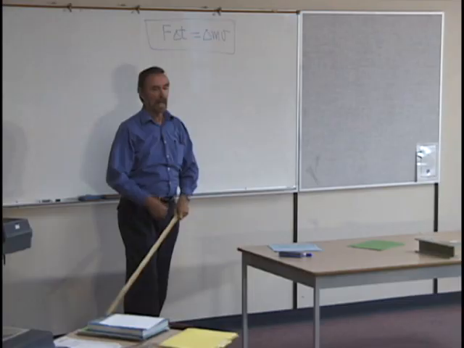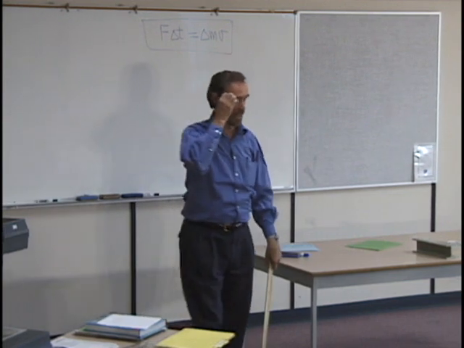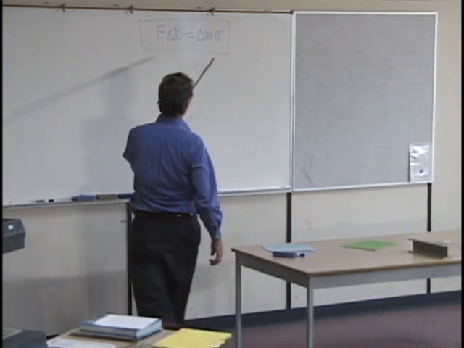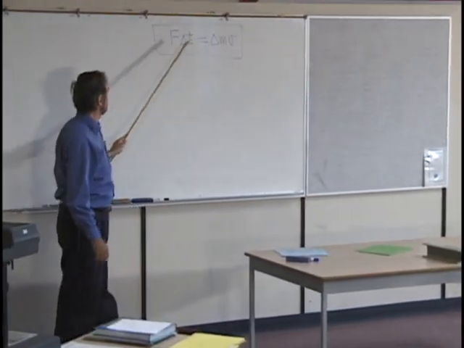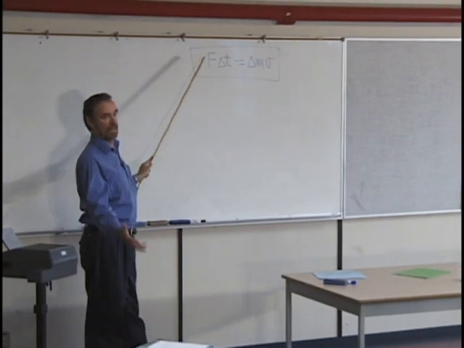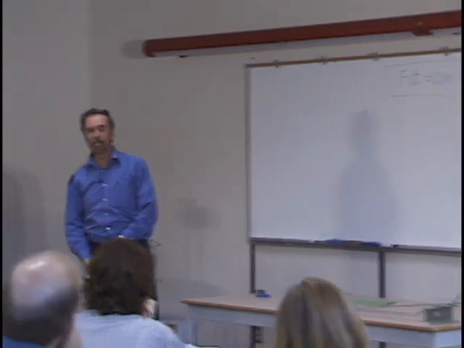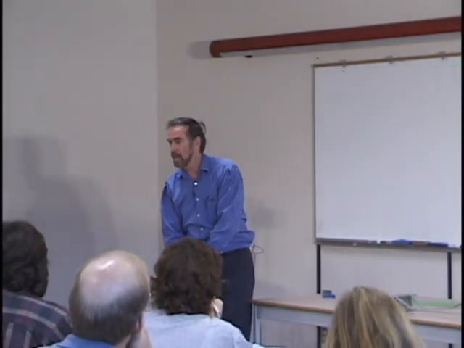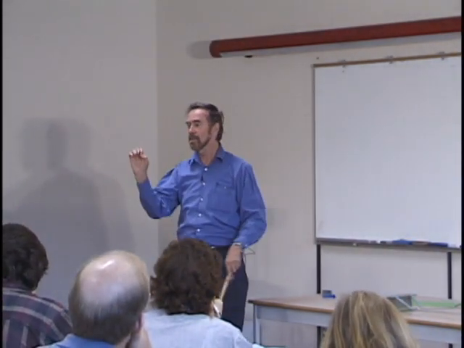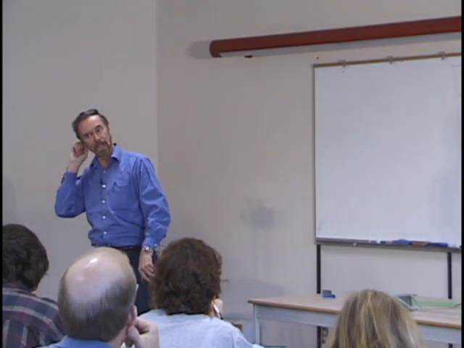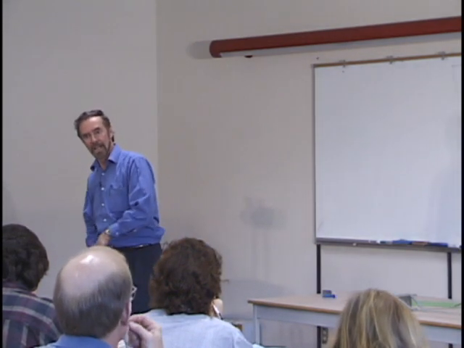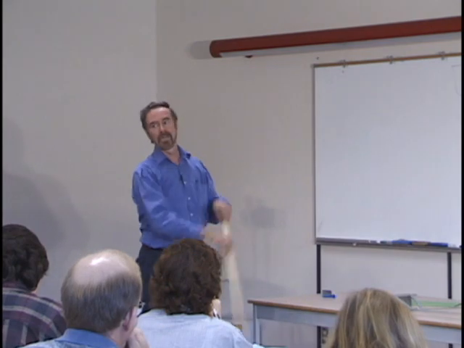Wham! And now I'm finally hitting it as hard as I can. But I want this number to be bigger. And I'm making this as big as I can. Do I have anything else to make big? And that's the time. If I can make the time bigger, if I can hit it in such a way that the time of impact gets longer, let's suppose I hit it as hard as I can, and I hit it in such a way by following through, so I can double the time of impact.